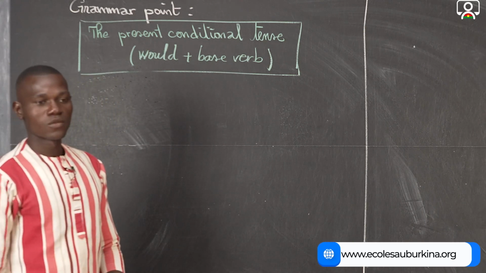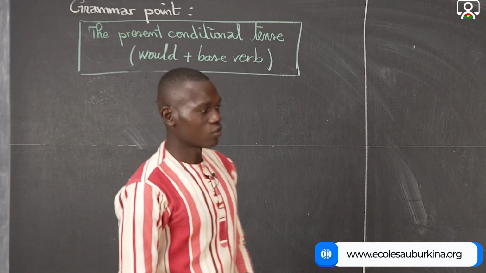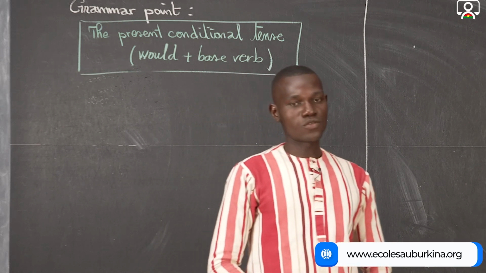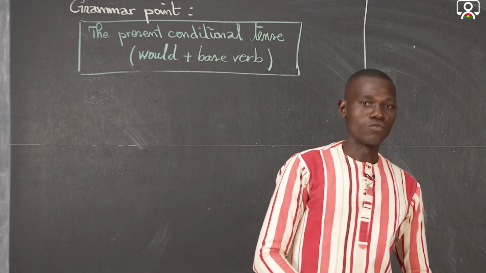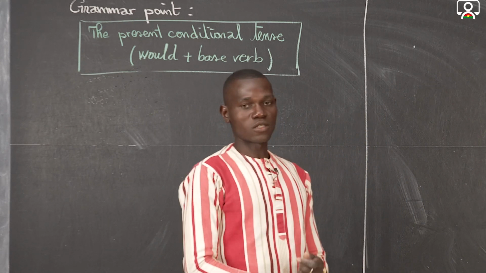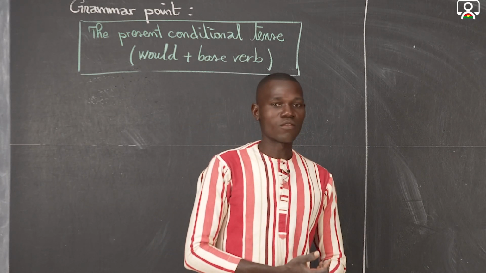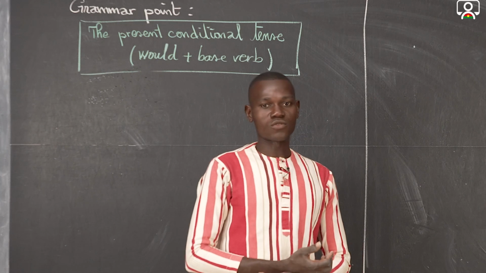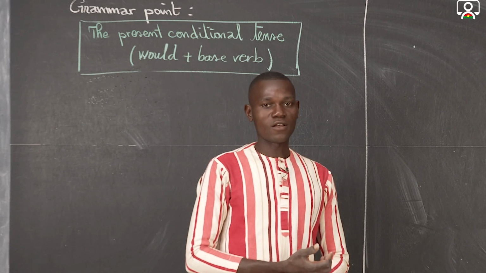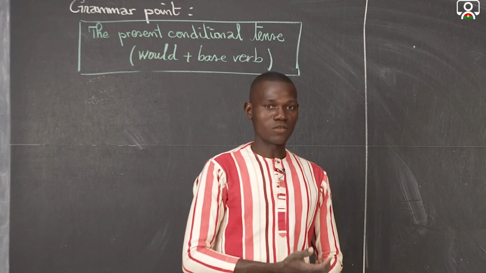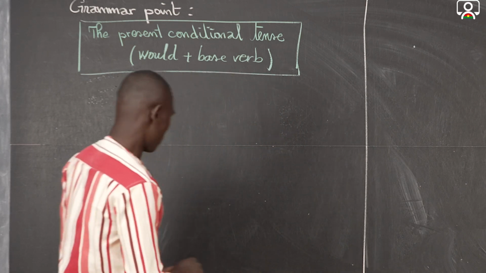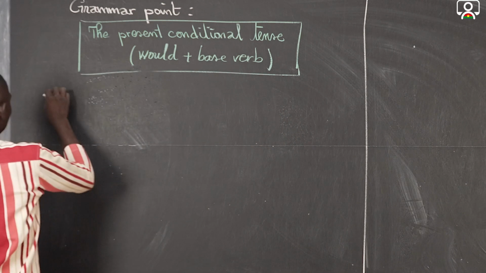So, to get the present conditional, you use would, which is the auxiliary, plus base verb. And the verb we are going to use today in our conjugation is to eat. Okay, to eat. Infinitive.